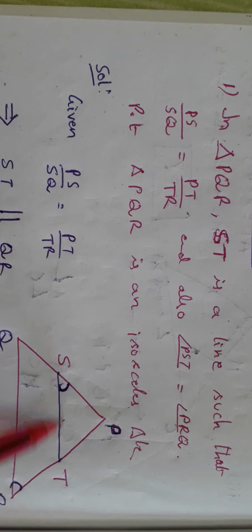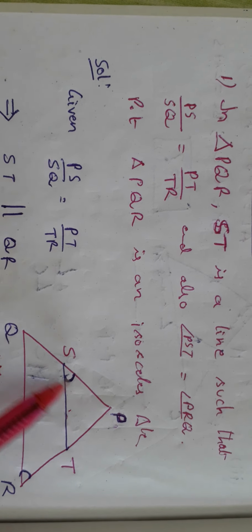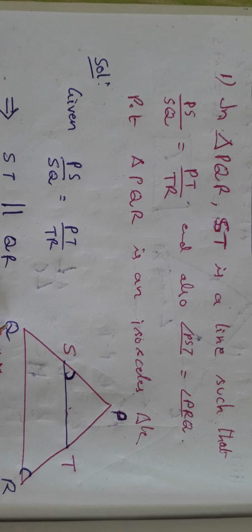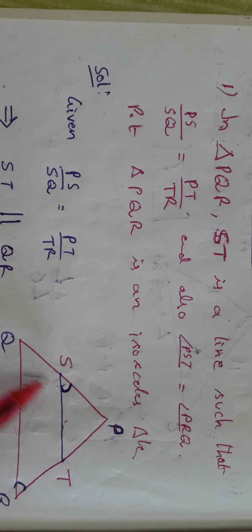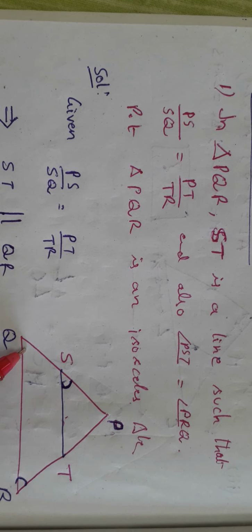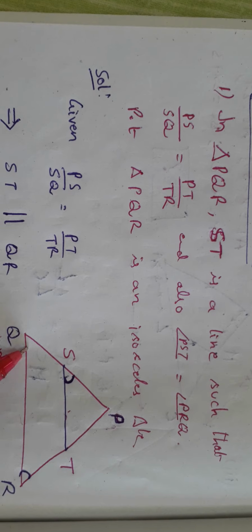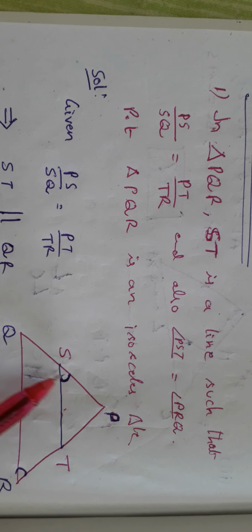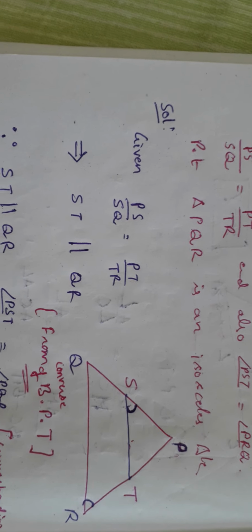Then you can see that this is a line parallel to this and this is a transversal. PQ is a transversal. Then angle PST and angle Q are corresponding angles. Thus, angle PST is equal to angle PQR. So that is what we are writing here.